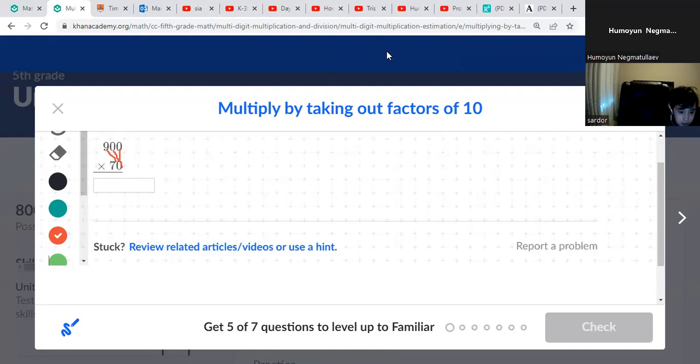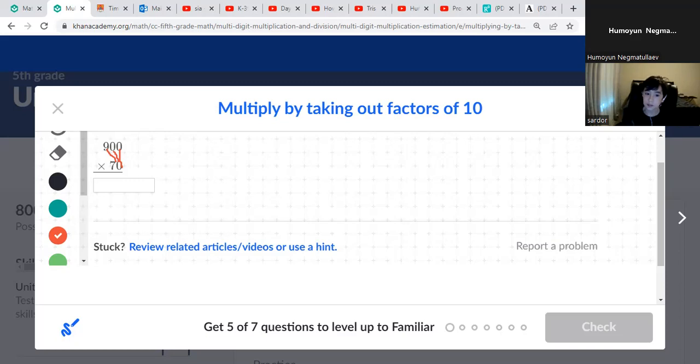How do you know it? 63. No, you have to learn the calculation skills, not using your calculator. I don't have a calculator. How did you do it? Because 9 times 7 is 63, and add the 3 zeros, so you will get 63,000 because you added 3 more zeros.